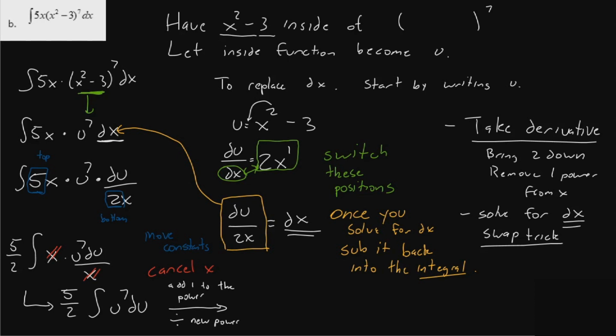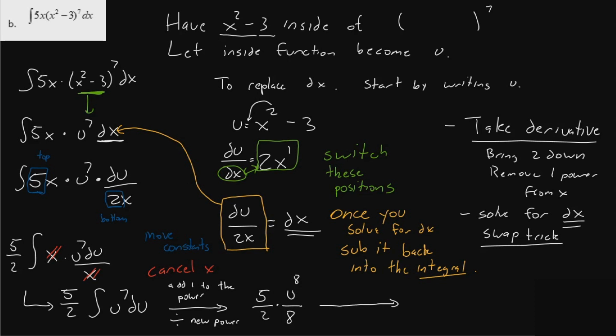So u to the 7th becomes u to the 8th divided by the new power, which is 8. We'll have 5 halves times u to the 8th over 8.